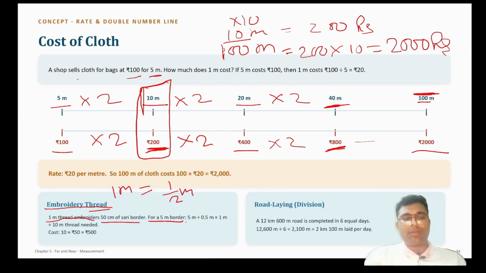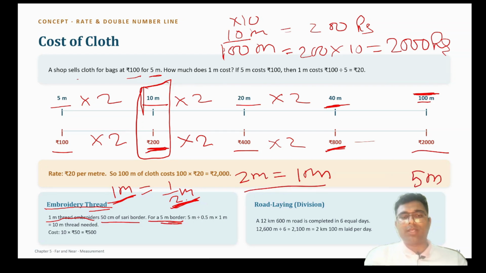We have to embroider 5 meter of border. So how much thread will be needed? For half meter, 1 meter thread is needed. So for 1 meter of border we will need 2 meter of thread, and we have to border 5 meter total. For 5 meter border we will need 10 meter of thread.